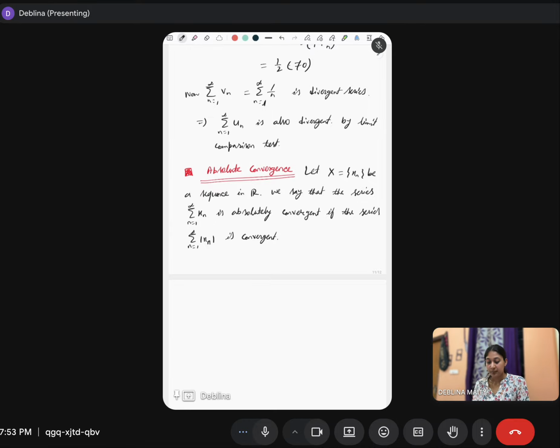If the modulus of this main series is convergent, then we say that the main series is absolutely convergent.